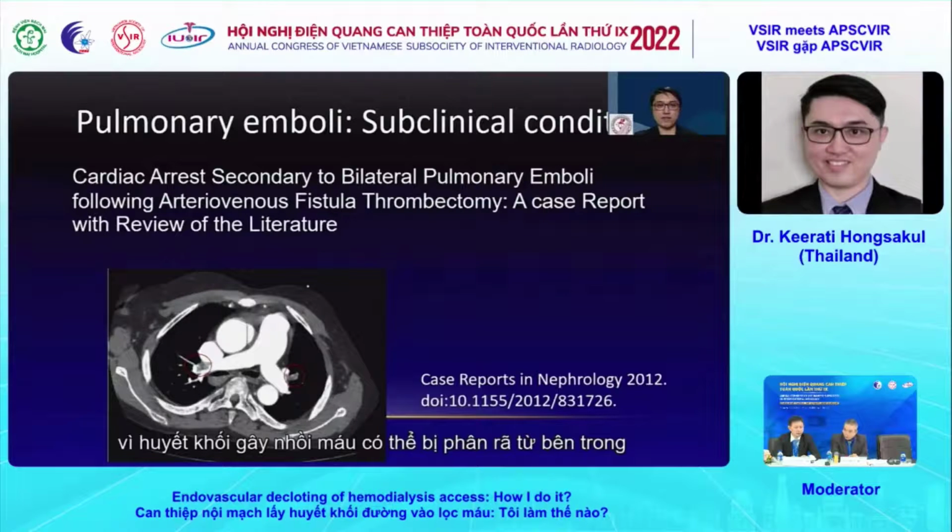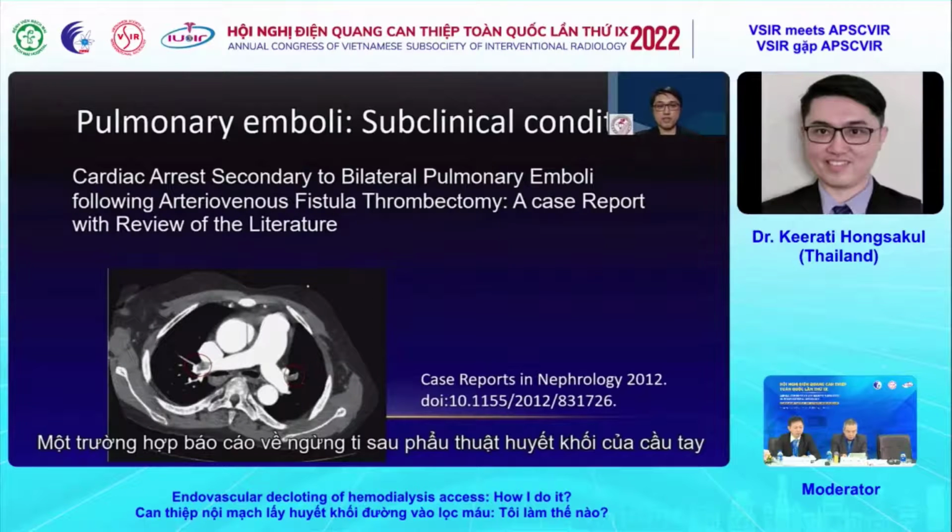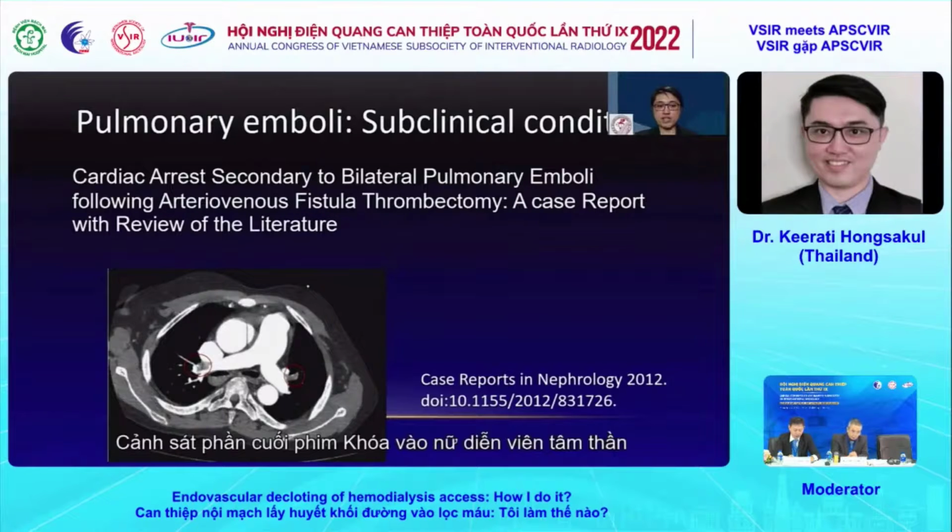The clot is just emboli that can undergo internal autolysis. However, there is one case report of a patient who developed cardiac arrest after thrombectomy in the AVF, because a large clot was lodged in the main pulmonary artery.